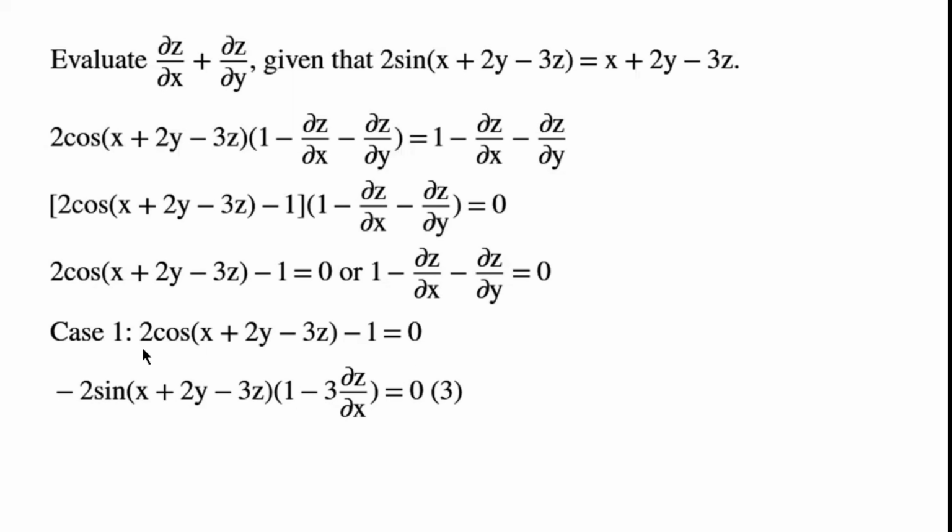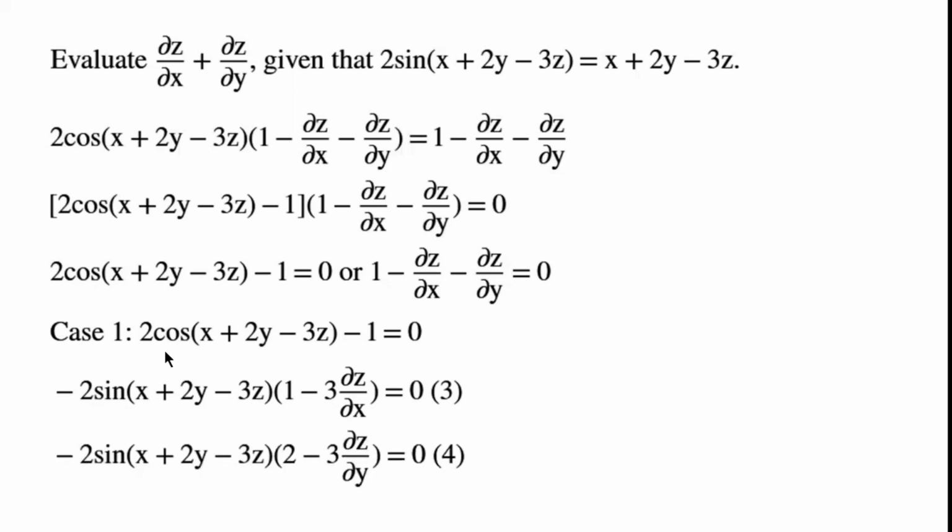Next, we partially differentiate this equation with respect to x. So we can now write −2 sin(x + 2y − 3z) times (1 − 3 ∂z/∂x) equals 0.